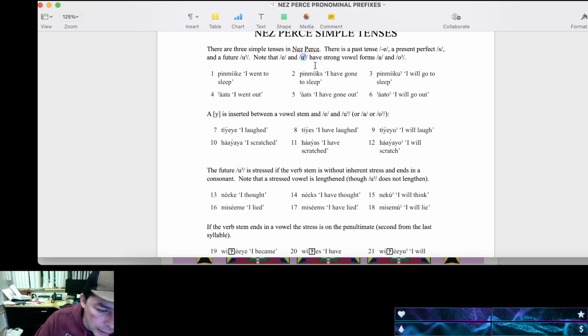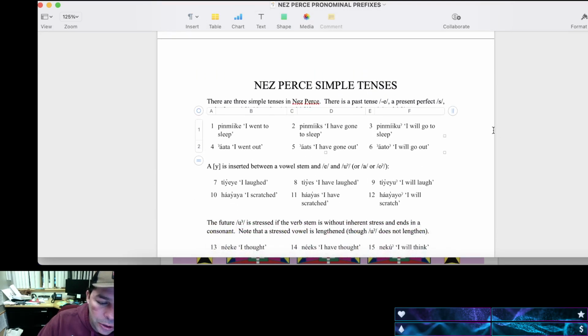So when we add the E on there, we want those to match. So we wouldn't want to say ata. It's ata. So we want them to all be consistent. So the tense will change, the letter will change based on the strength of the vowel.